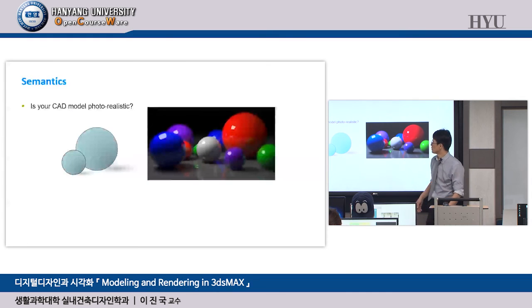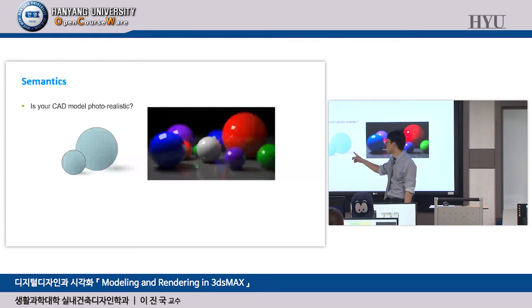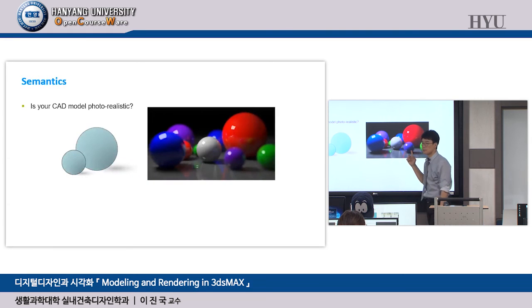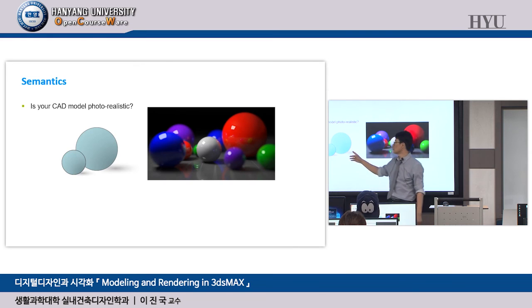Semantics. This CAD model looks very just line drawing and color shade, that's it. But this one is photorealistic. Which one is better? In terms of visualization, this is looking better. But what if this one has any related information, an amount of information, data, on top of this image or behind this image?